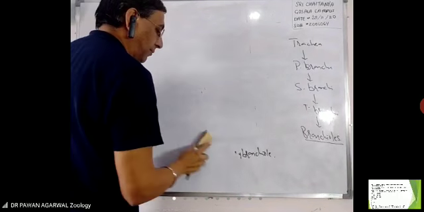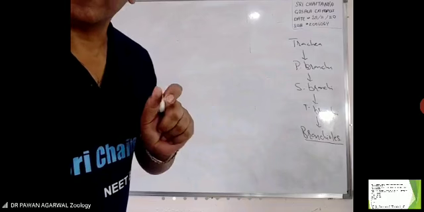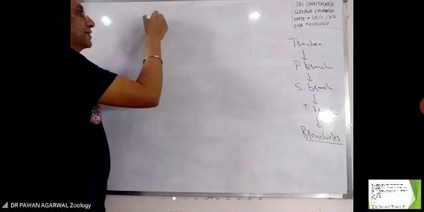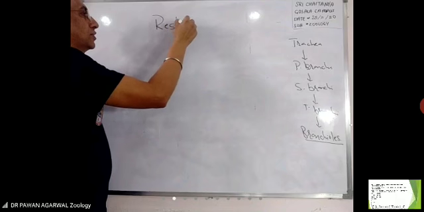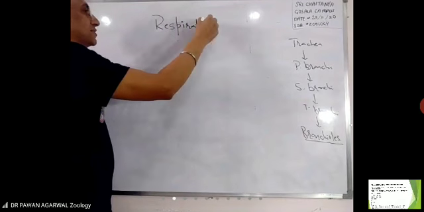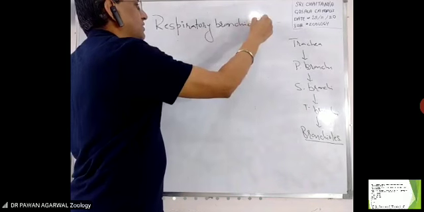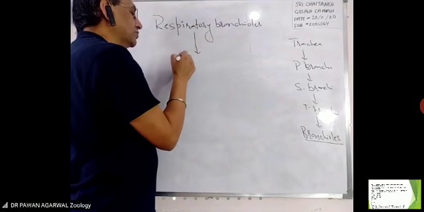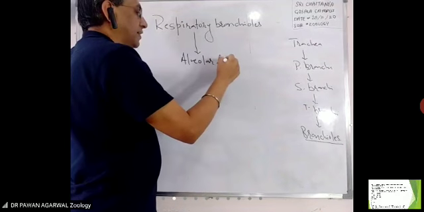Now, the respiratory part, the gas exchange part, starts from the respiratory bronchioles. It divides into the alveolar ducts.